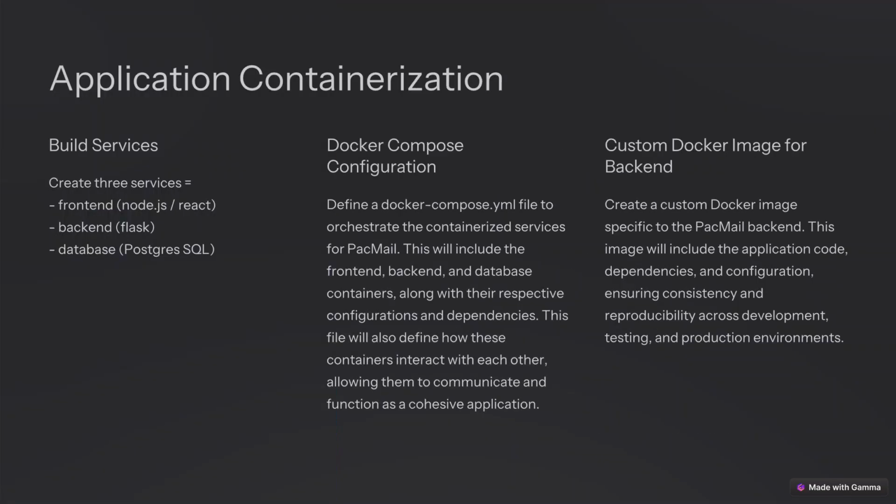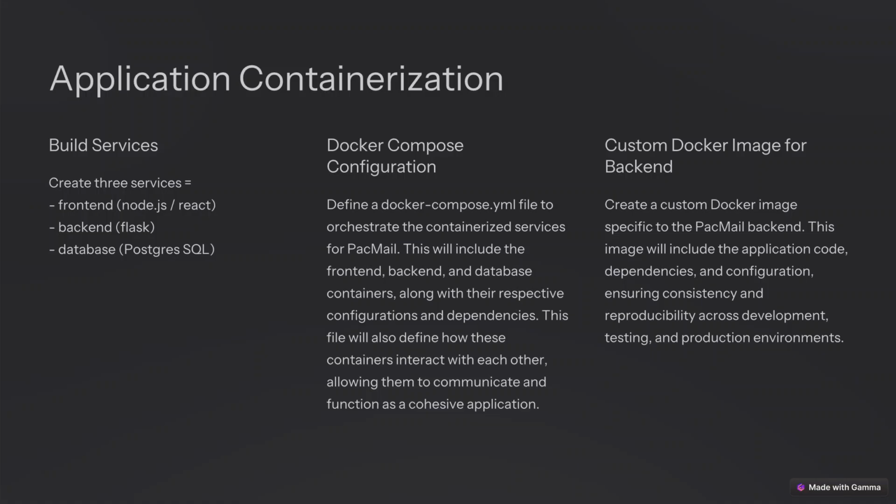Okay, the second step is the application containerization. In this containerization, we develop 3 services. The services are the front end using Node.js or React, the back end using Flask app, and the database service using PostgreSQL.